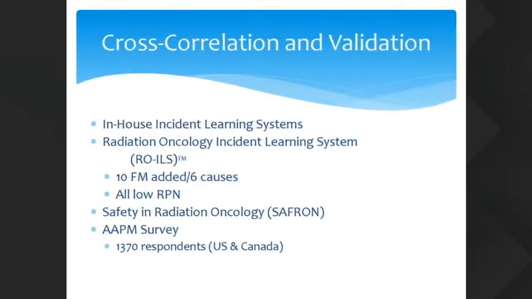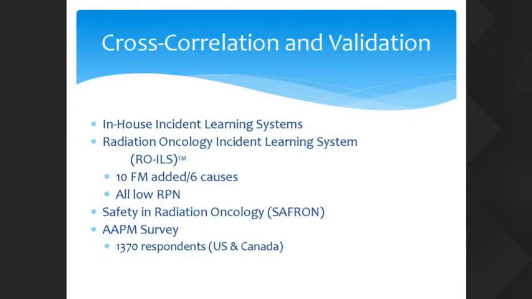After the FMEA was complete for each section, but mostly for these initial plan and chart checks for external beam, we validated the results using the following. There were team members who had in-house incident learning systems. We also looked at two very large incident learning systems, RO-ILS and SAFRON. RO-ILS is our national database, and SAFRON is international.